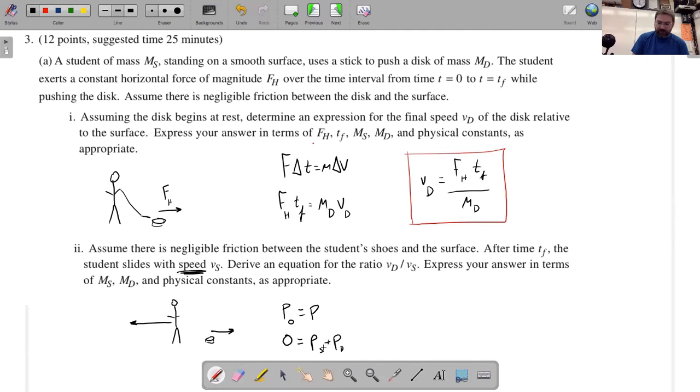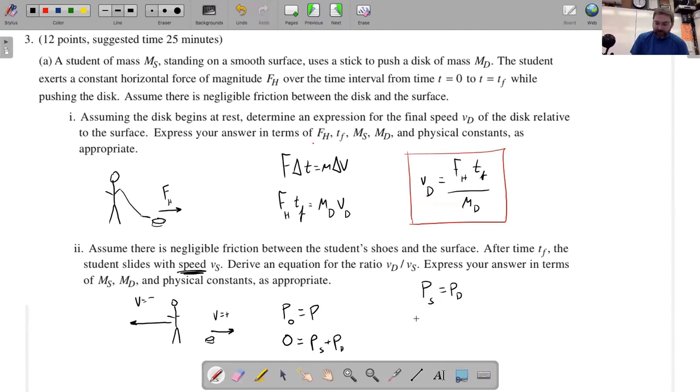Because the momentum of the student is negative, with a negative velocity, and the disk has a positive velocity, the two momenta must have the same magnitude but opposite sign. But because this problem is just in terms of speed, you can make it simpler and just say that the momentum of the student is equal to the momentum of the disk in terms of their speeds.